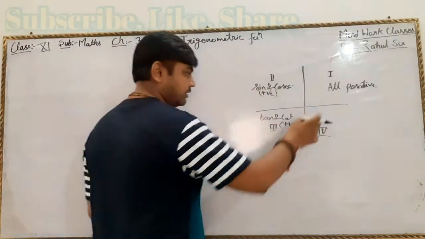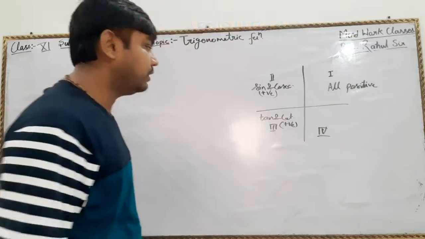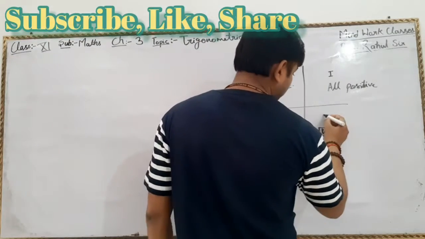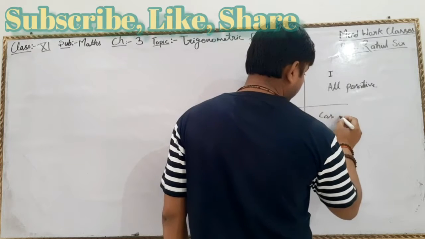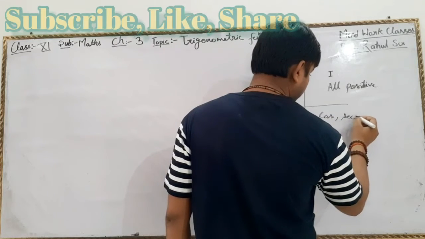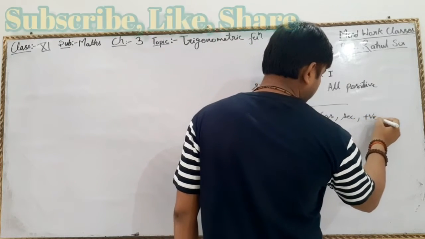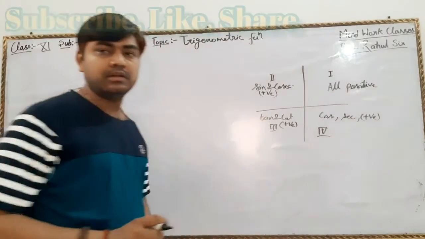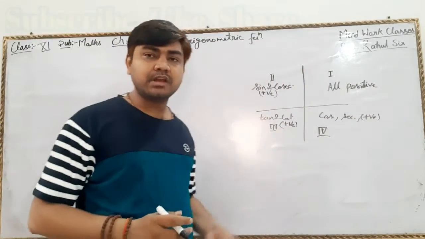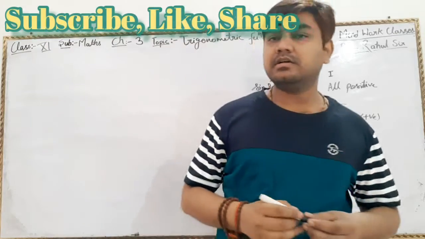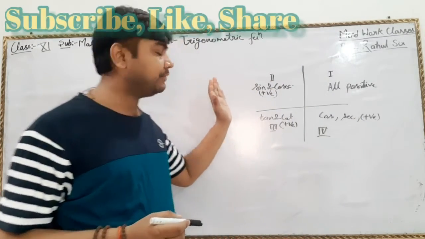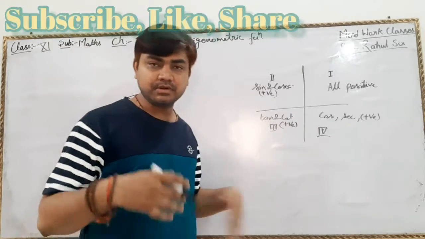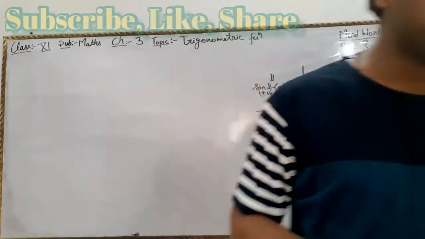Similarly, in the fourth quadrant, cos and sec are positive and the rest are negative. Okay, so these are the basic conditions, and we will use these things in our next class.